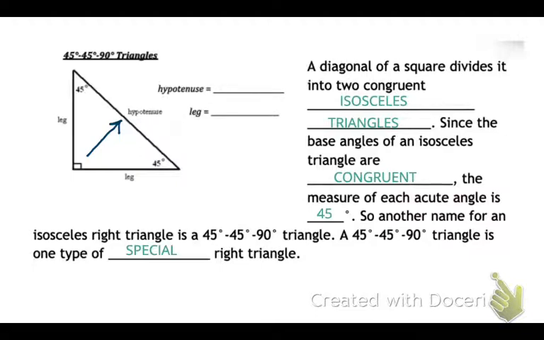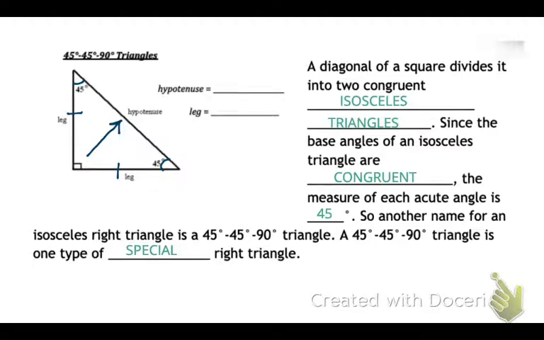And because we have an isosceles triangle, these two other sides, we call those the legs, are going to be the same measure because all four sides of the square are congruent. And then we also know that we have two congruent angles in the corner, which are 45 degrees.